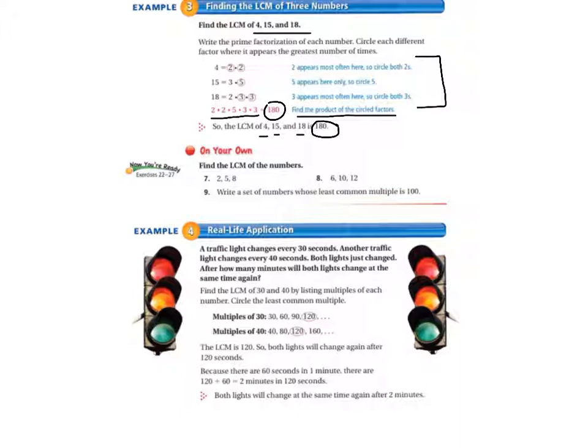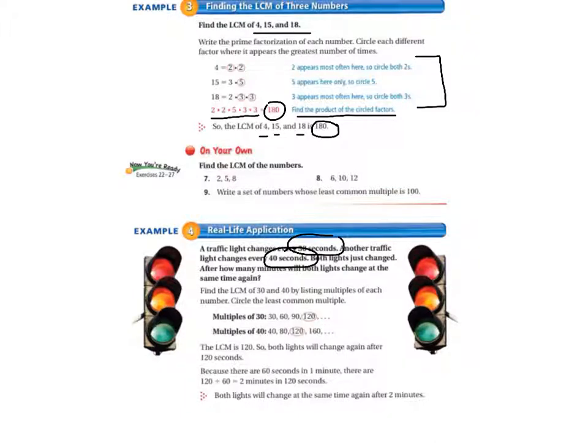So that's a nice shortcut. It's much easier than listing out a whole lot of multiples for all 3 of those numbers. Now let's take a look at example 4, a real-life application. A traffic light changes every 30 seconds. Another traffic light changes every 40 seconds.